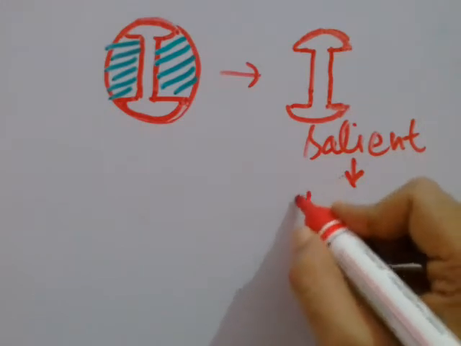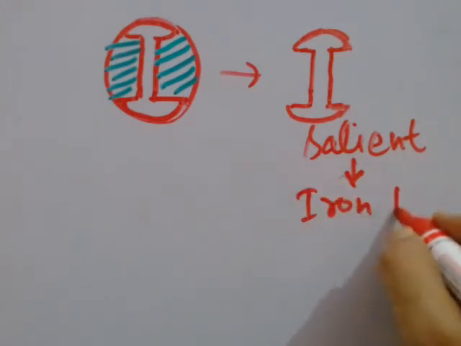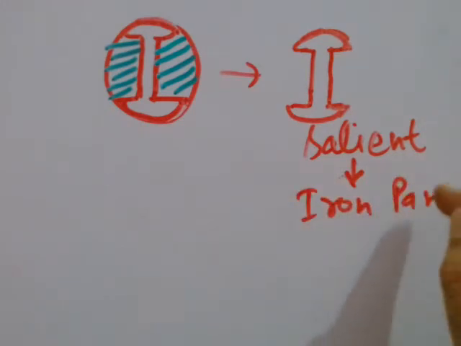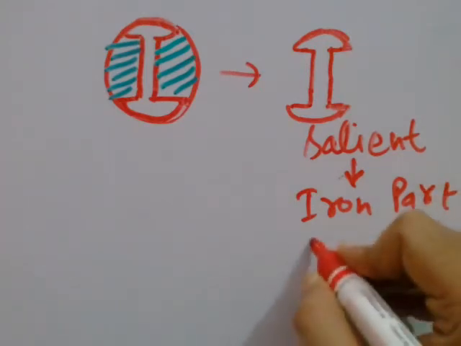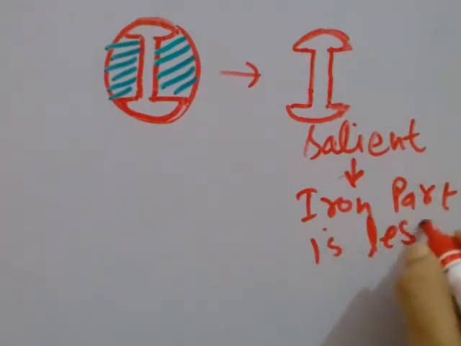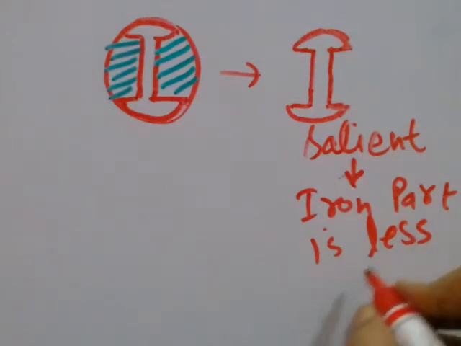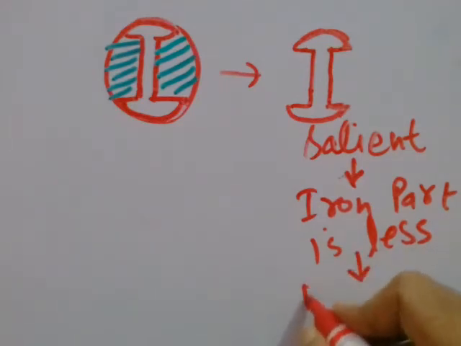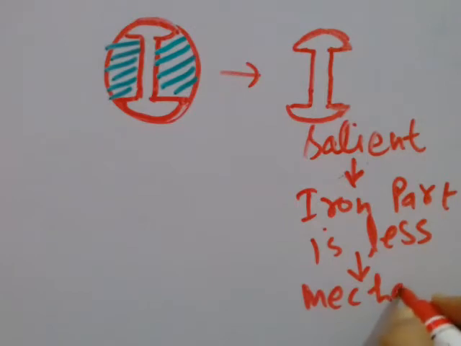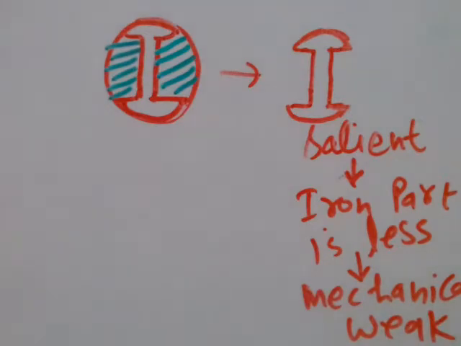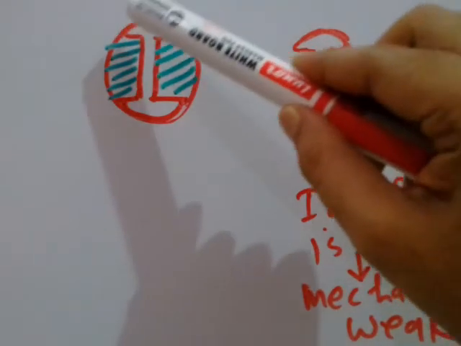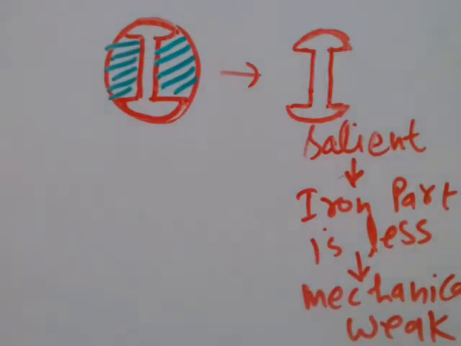So since the iron part is less, that's why it is mechanically weak, right? While the cylindrical rotor is a complete structure.